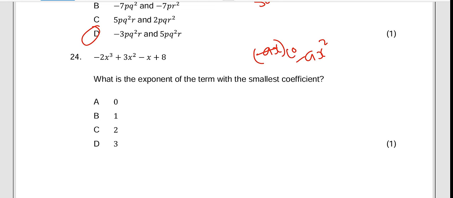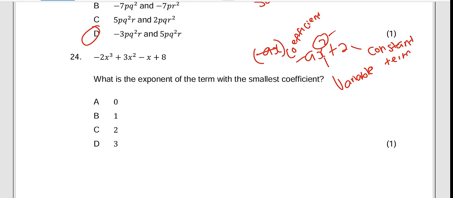This a is the coefficient. This x is a variable. This 2 is a constant term. And this 2 here is the exponent.